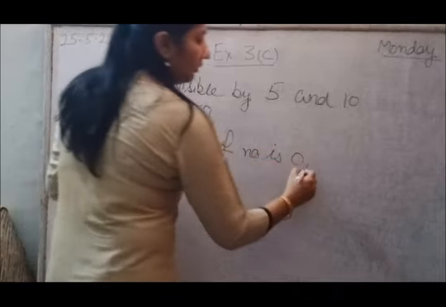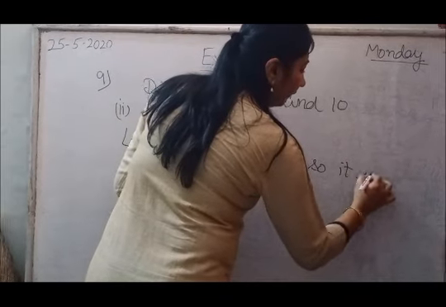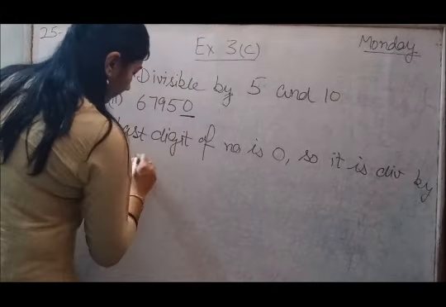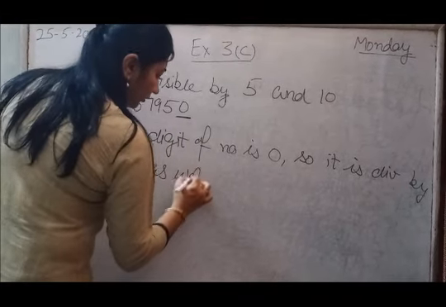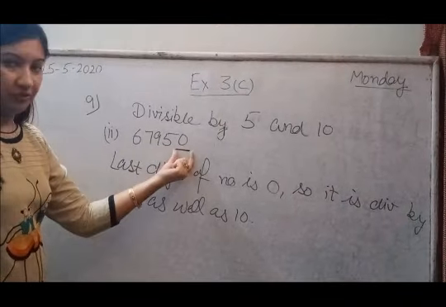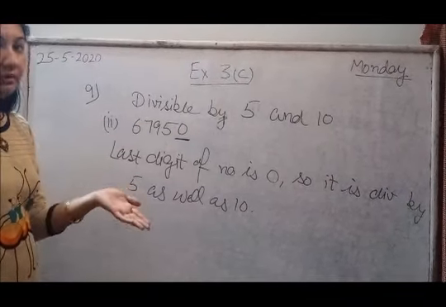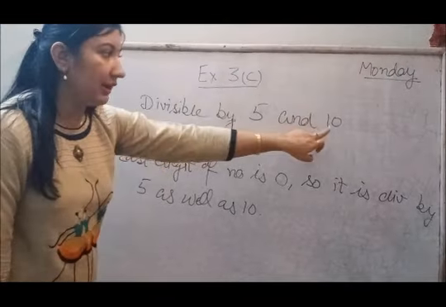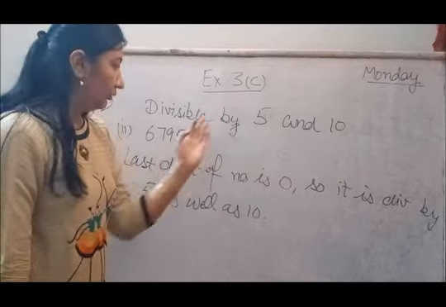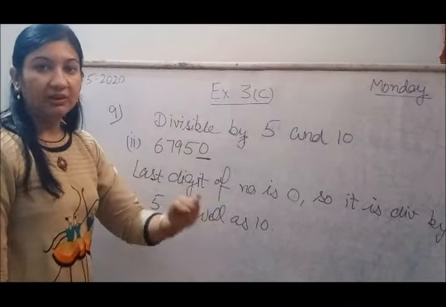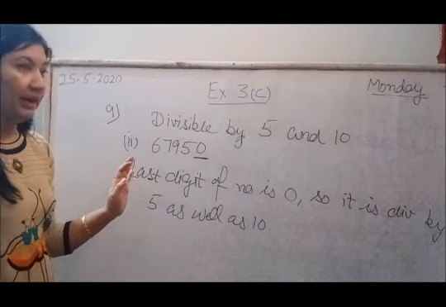So it is divisible by 5 as well as 10. It means you have to check the last digit. If it is 0 or 5, then it will be divisible by 5. What was the rule for 10? The last digit should be 0. This is 0. So this number is divisible by 5 as well as 10. So this number is divisible by both of them.